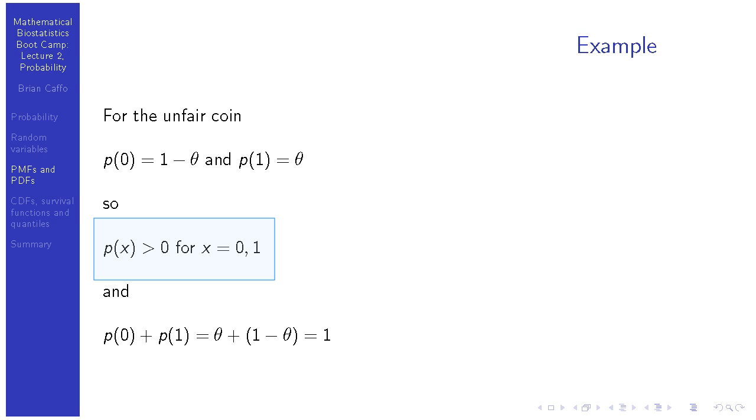So it's greater than 0 for x equals 0 and 1. And then the sum of the probabilities, the probability of 0 plus the probability of 1, is theta plus 1 minus theta, which is 1. So it satisfies the two rules that probability mass functions have to satisfy. So that covers our principal entity that we're going to use to model discrete random variables, probability mass functions.